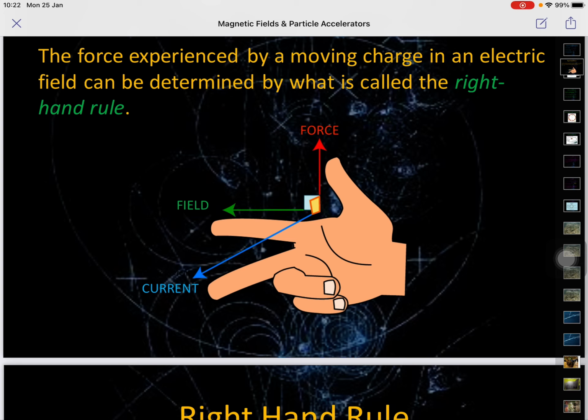Your field, that's your magnetic field, and the first two letters of field are Fi, and that could be like your first finger. And then for current, you can think about electric current, and that's the second two letters of second. So EC for second, and that's your second finger.